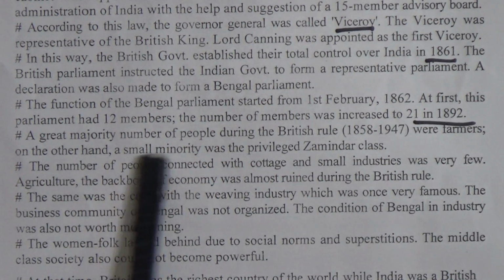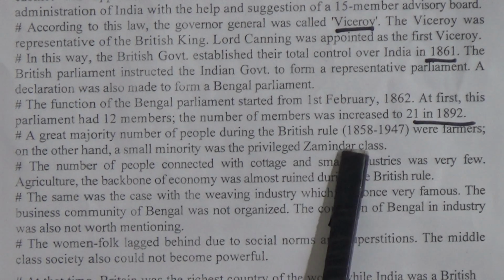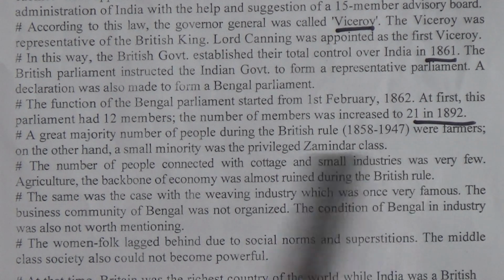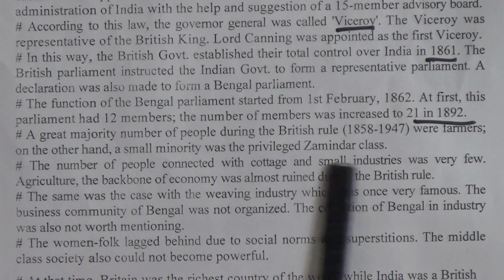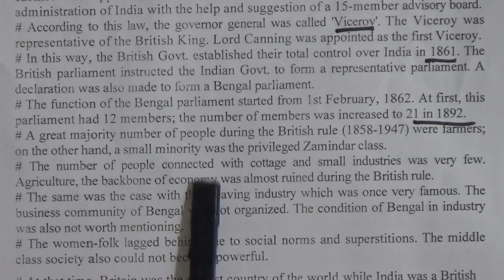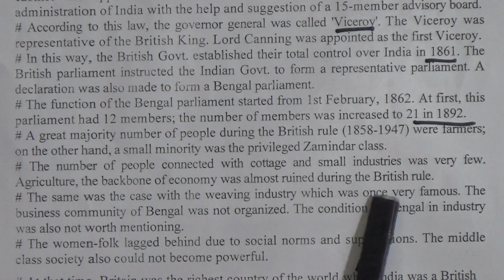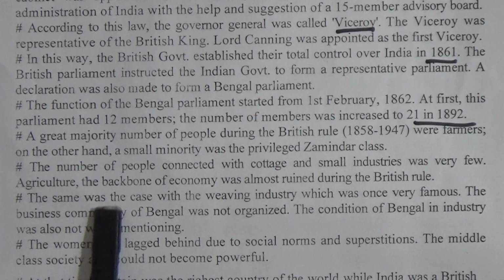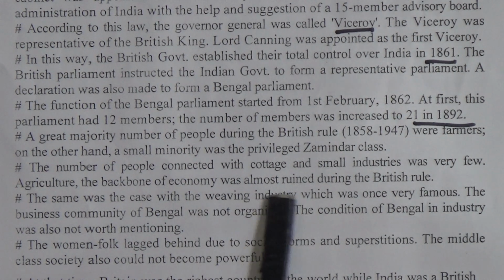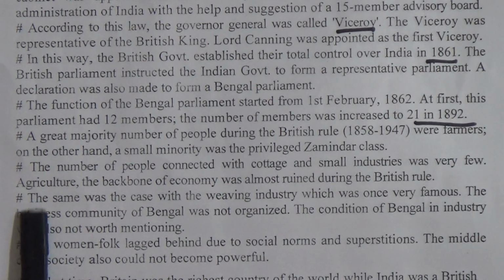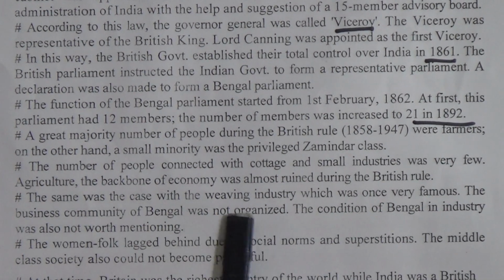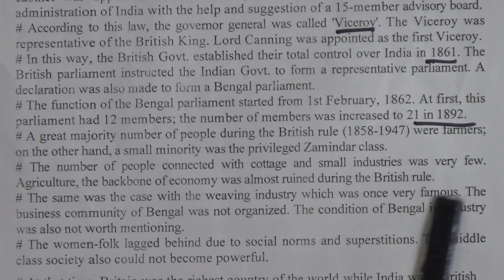A great majority number of people during the British rule 1858 to 1947 were farmers. On the other hand, a small minority was the privileged Zamindars class. The number of people connected with cottage and small industries was very few. Agriculture, the backbone of the economy, was almost ruined during the British rule. The same was the case with the weaving industry, which was once very famous.